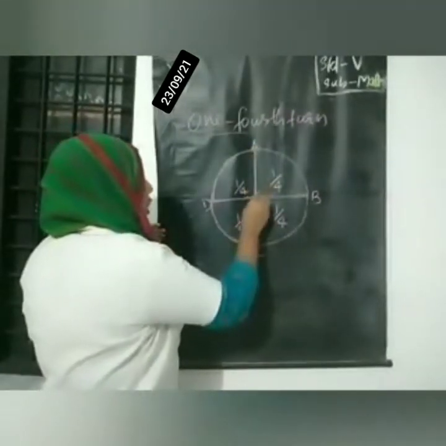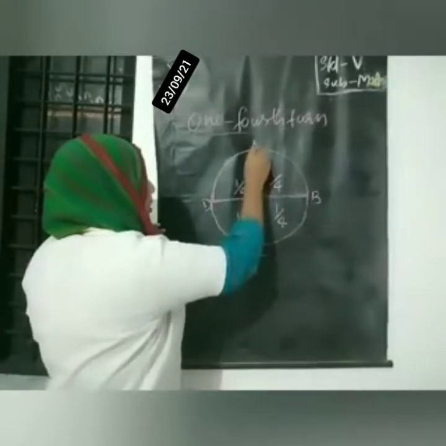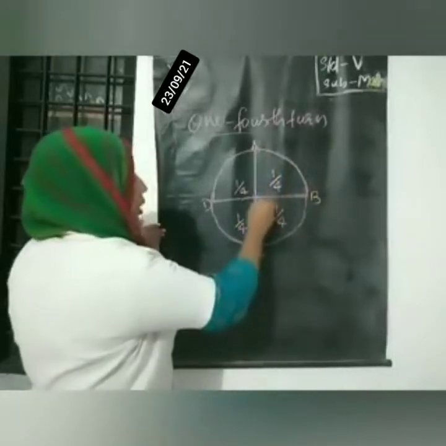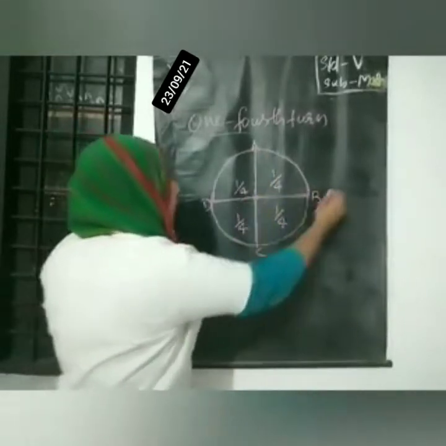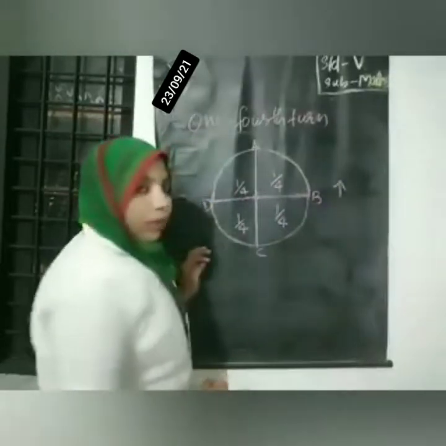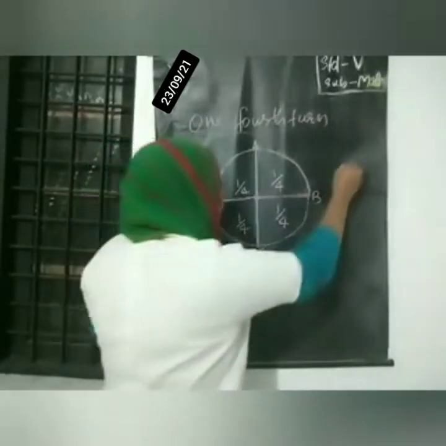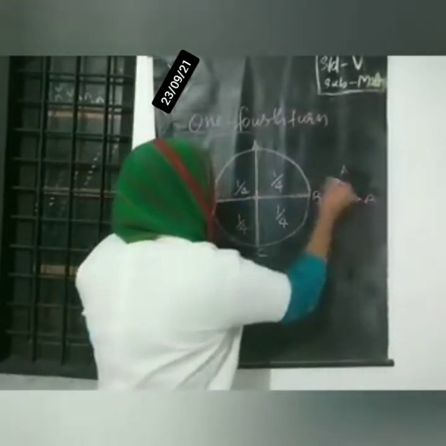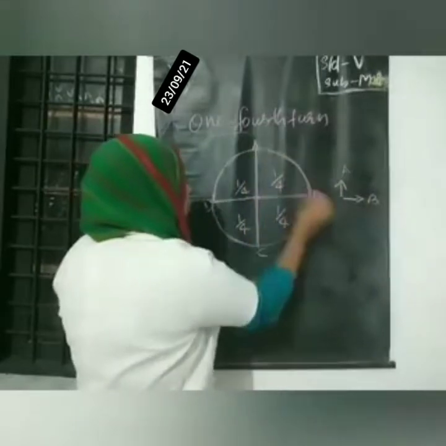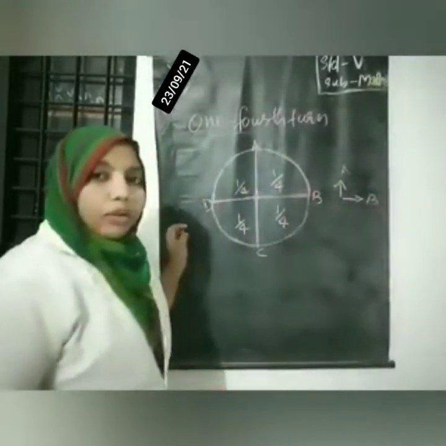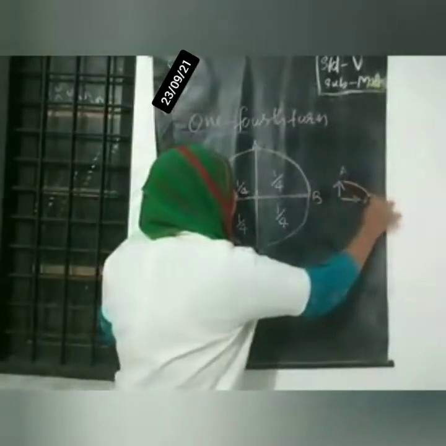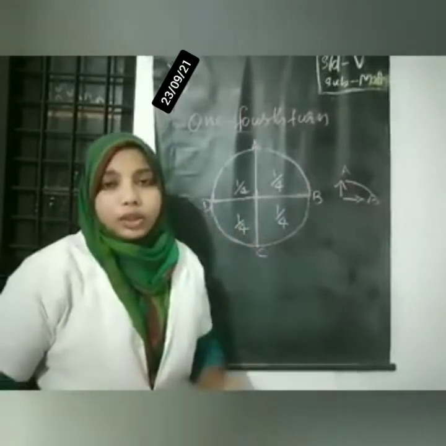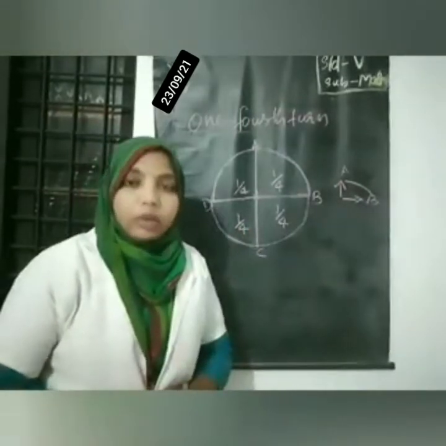Any object we place here is at A now, and it moves from A to B. Listen, one arrow is the object, at A now, and it moves to B. Then we can say this arrow completes what? 1/4 rotation, or 1/4 turn.